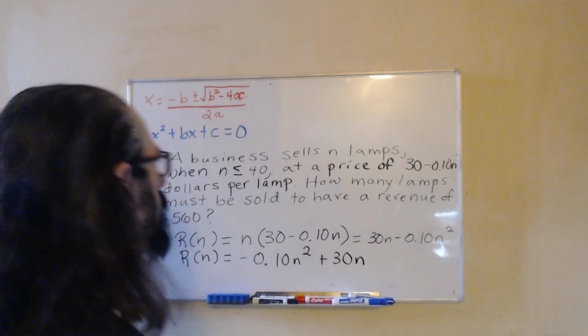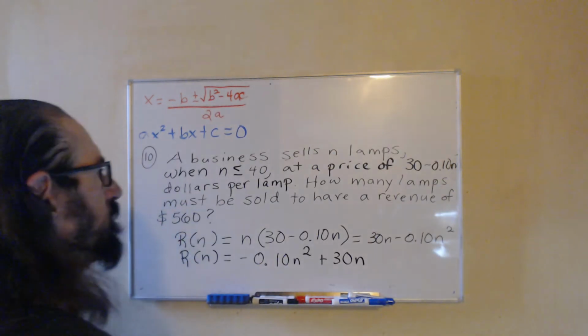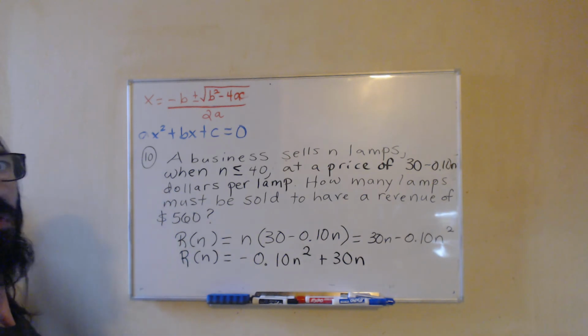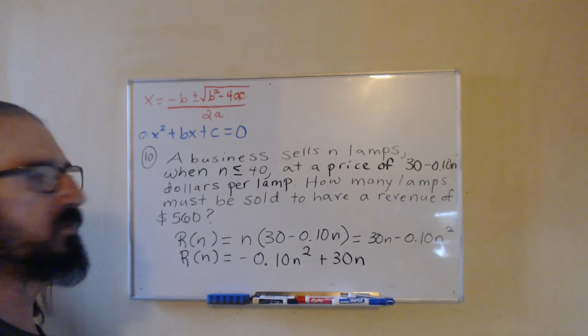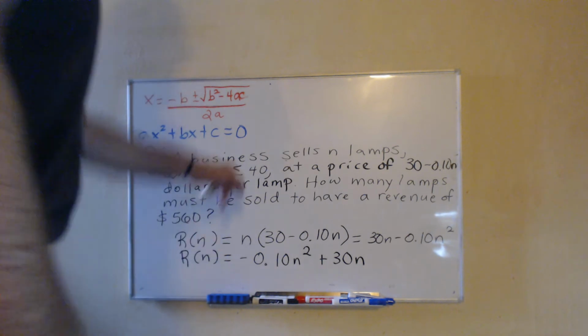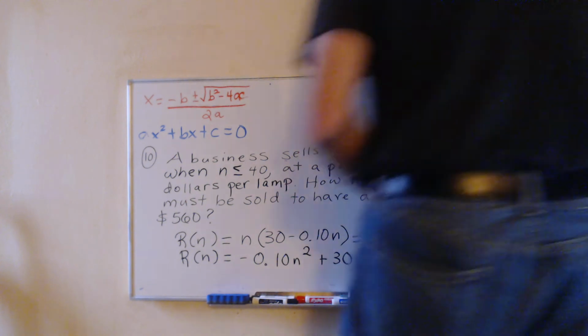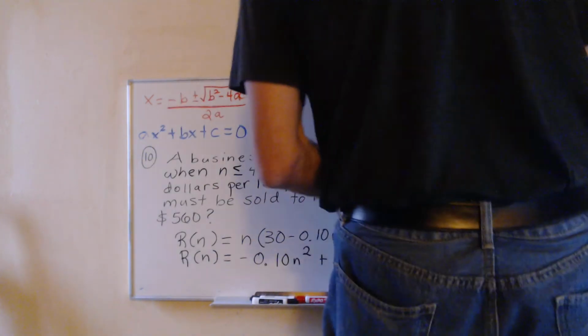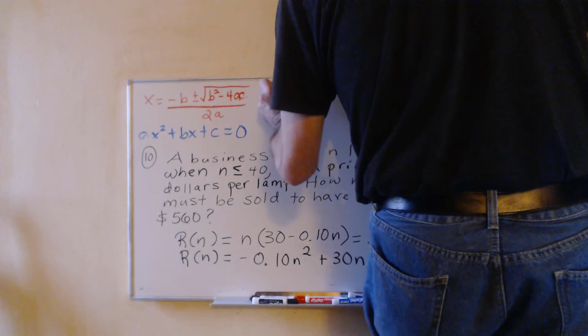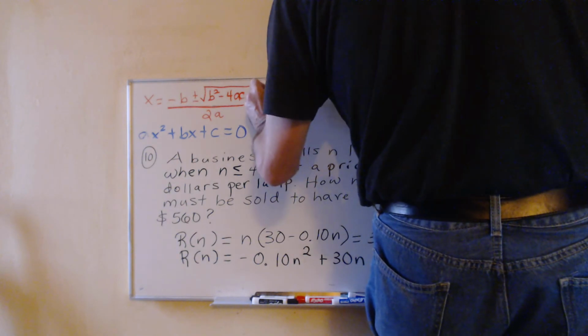And we're looking for the number of lamps that they need to sell in order to have a revenue of $560. Keep in mind though, N has to be less than or equal to 40. So we're looking to solve this equation.